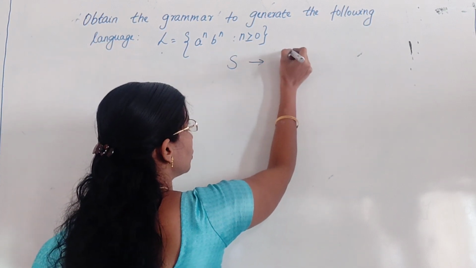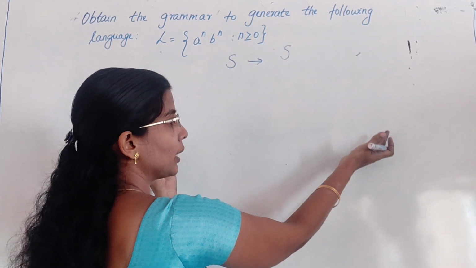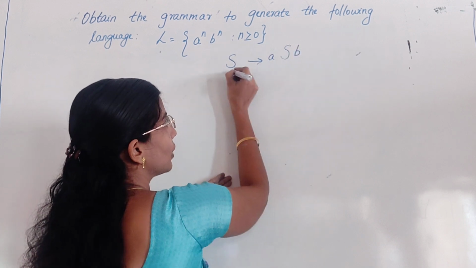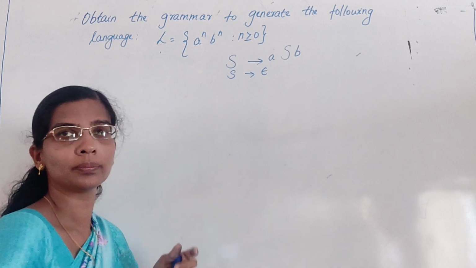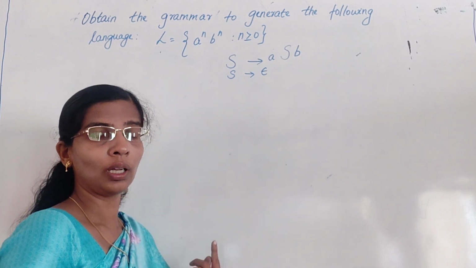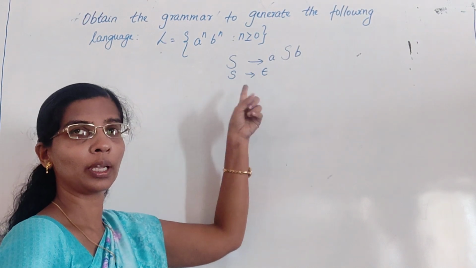S tends to a S b, because it should be generated from outside to inside. And S tends to epsilon to stop this. Since n is greater than or equal to 0, if I don't want anything, I can use this production. Start directly goes to epsilon.